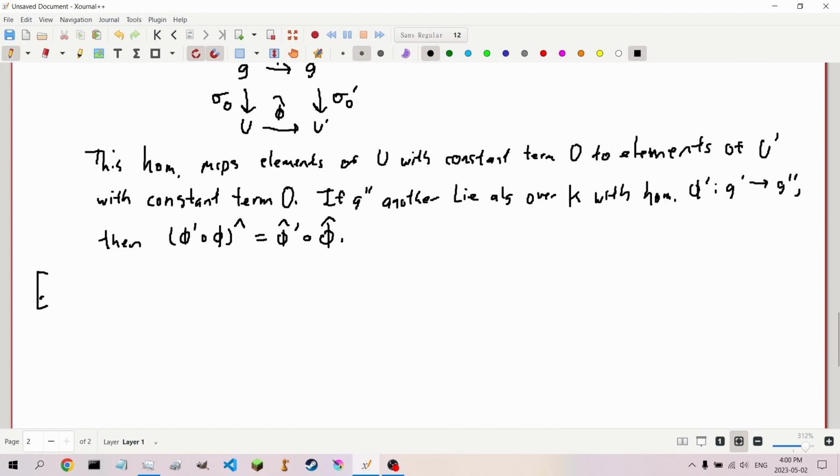We're going to look at the enveloping algebra of a product. Product of Lie algebras, of course.